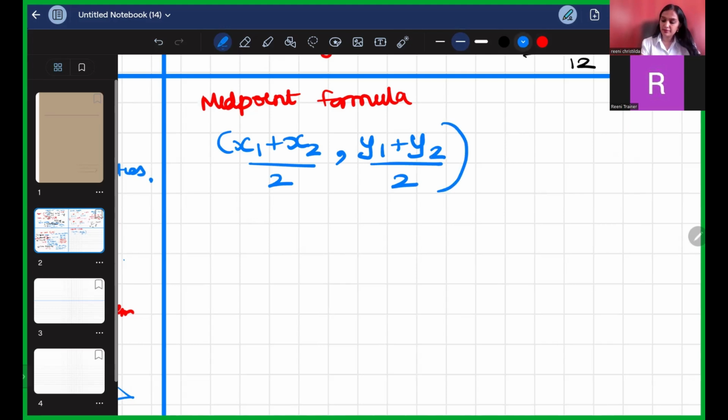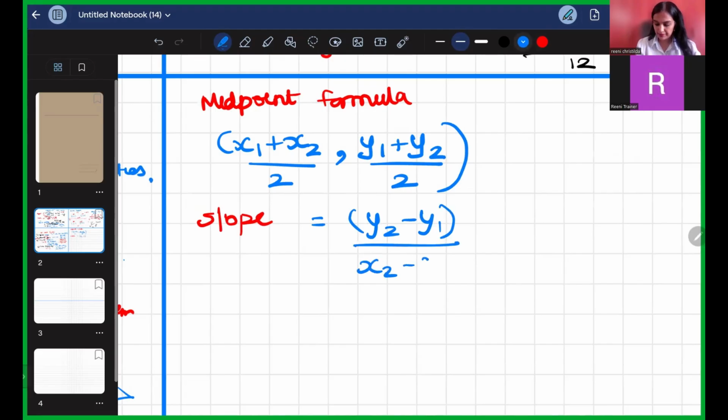Now, when 2 points are given, how do you find the slope? The slope we get by the formula y2 minus y1 by x2 minus x1. Right? This is the slope when 2 points are given.